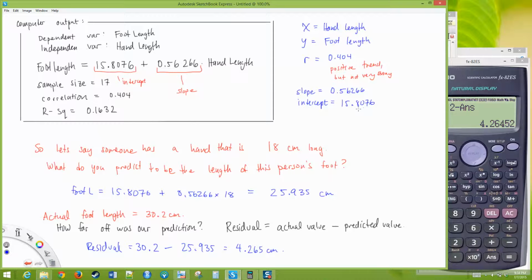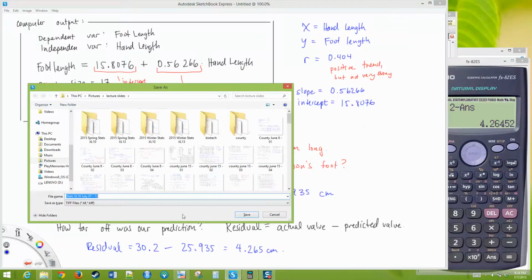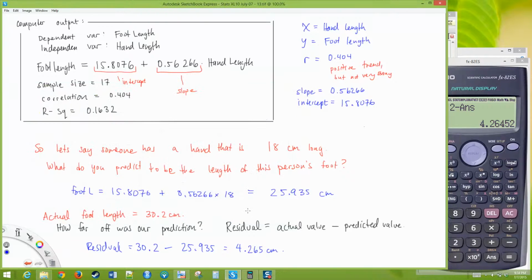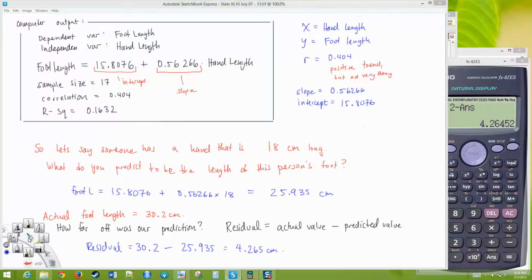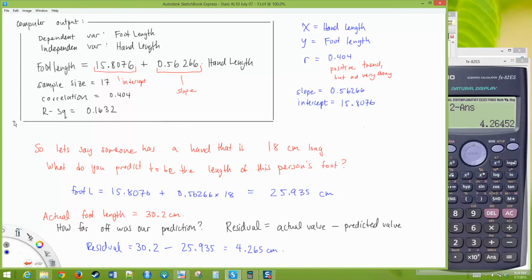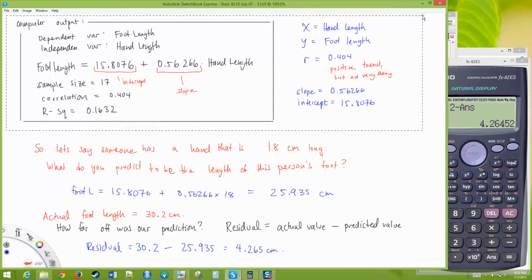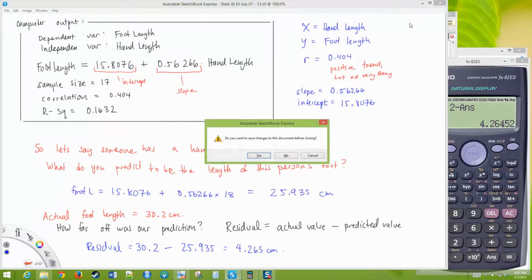Let's talk about what the slope and the intercept mean. So let's say we keep this. On to our next slide.